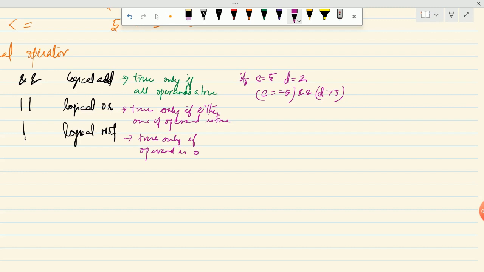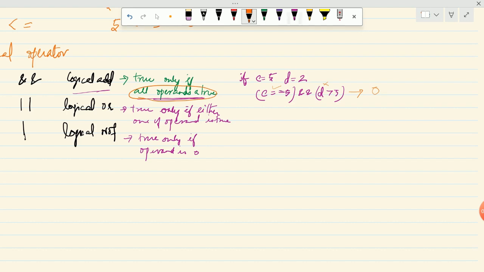So what is this? C equal to 5 is true. D greater than 5, is it true? No. For logical AND, all the operands should be true, but here one is true and one is false. So the result will be 0.